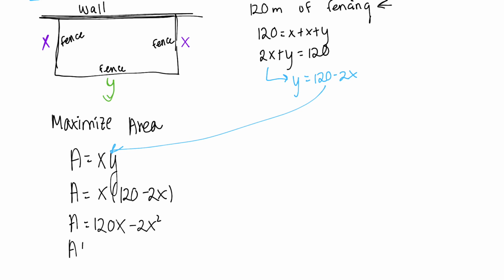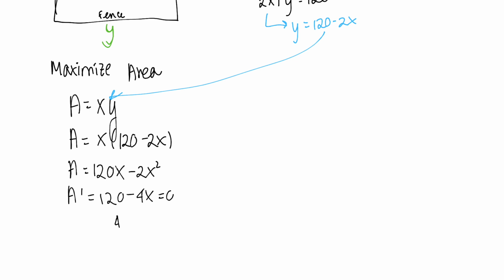Take the derivative. So 120 minus 4x, set it equal to 0. You'll get 4x is equal to 120, x is equal to 30. We want to verify that this is actually a max. So I'm taking this guy right here, and I'm going to find a double prime to do the second derivative test.